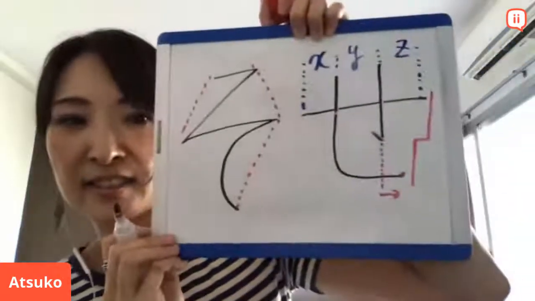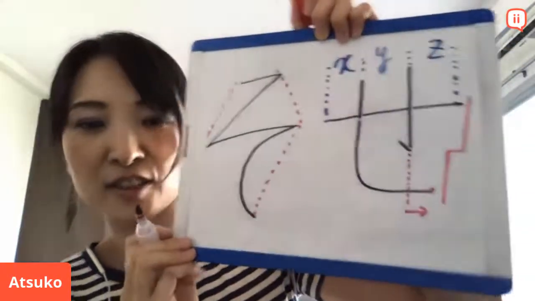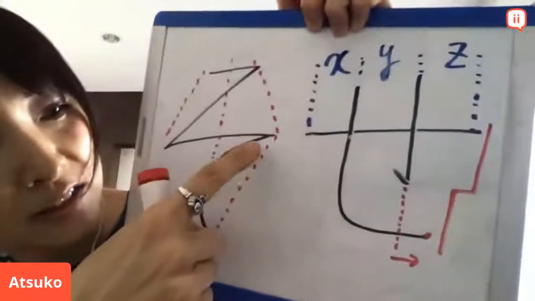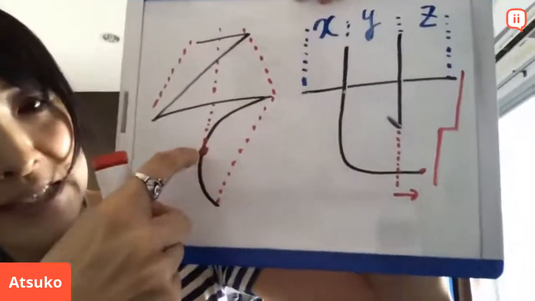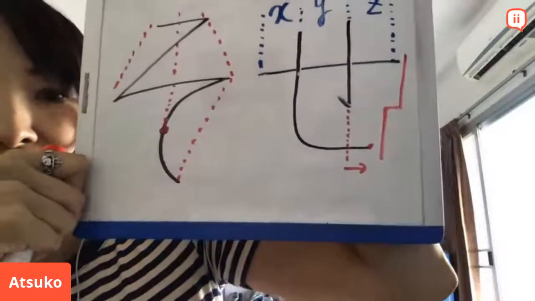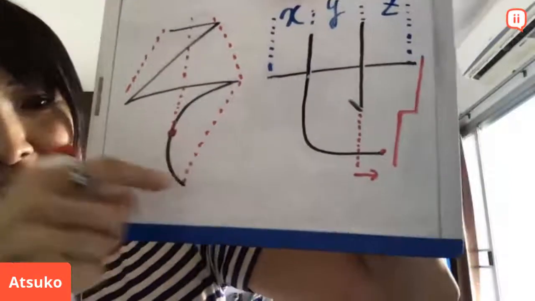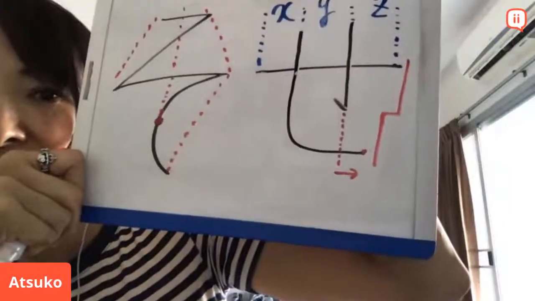Like this. Okay. And when you write this curve, past the center line. Then go down. Okay.